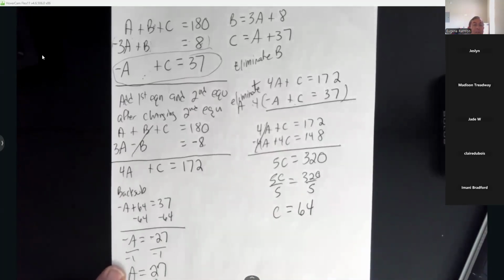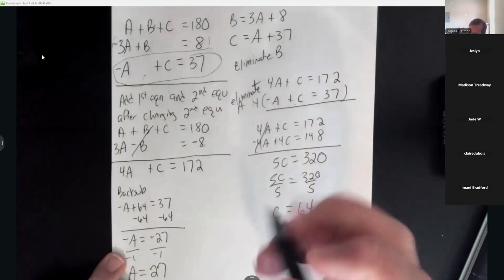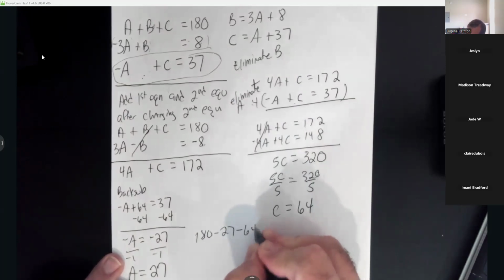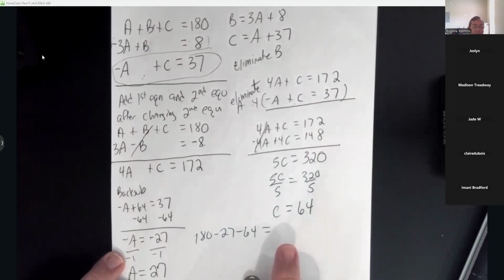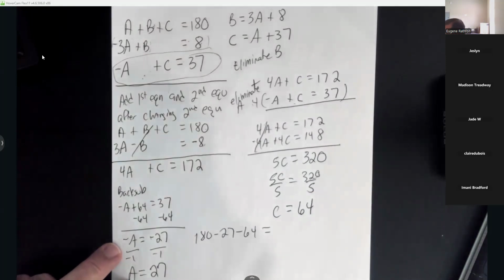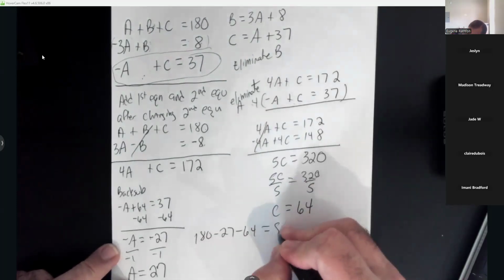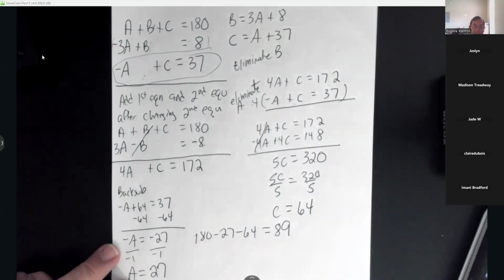So if A is 27, C is 64, you can take this 180 minus the 27 minus the 64, and that's going to equal your angle B. So y'all, let's see what we get. 180 minus 27 minus 64. And that gives me an angle of 89 degrees.